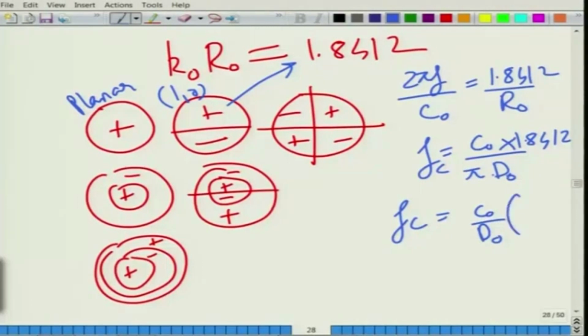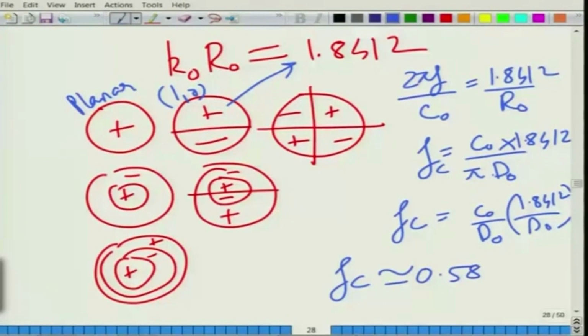Let us quickly work out what it is going to be. We discussed this briefly, but it is worthwhile to mention again: f c is 0.5861 times c naught by d naught.